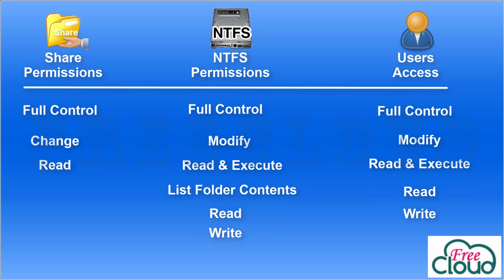If the share permissions were set to change and NTFS permissions set to full control, when a user accesses the file on the share, they will be given modify permission.